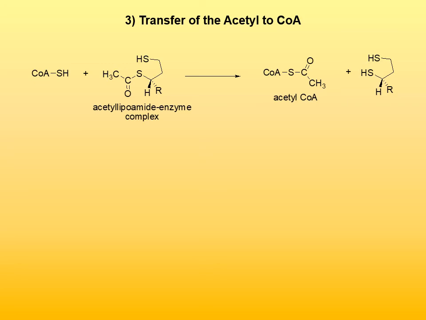So this long arm of acetyl lipoamide swings and translocates to the other active site, to dihydrolipoyl transacetylase E2, and there the acyl group is transferred from the acetyl lipoamide enzyme complex to coenzyme A. This is a thermodynamically favorable process, because one thioester group is converted into another thioester group. And the products are acetyl coenzyme A and the reduced form, dihydrolipoamide.